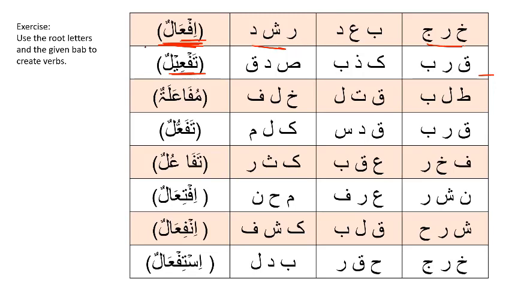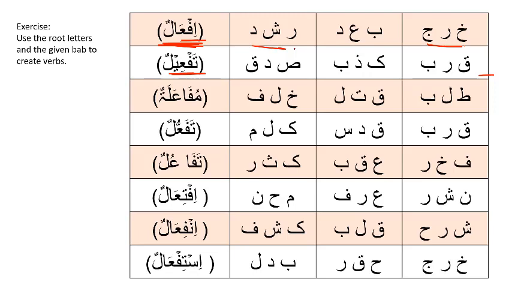Question, Arsa. So each of these root words could be in any of the babs, right? Kharaja can be converted to any of the 8 babs, right? Technically, yes, but in terms of actual usage, kharaja will not be used across all 8 babs.